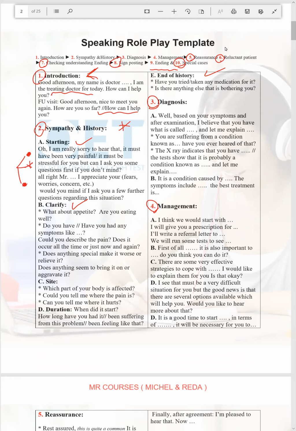Must have been stressful for you. But can I ask you some questions first? If you don't mind. You have to show the intonation, to raise the voice and lower the voice. You cannot just say it flatly. I'm really sorry to hear that. It must have been very painful for you.